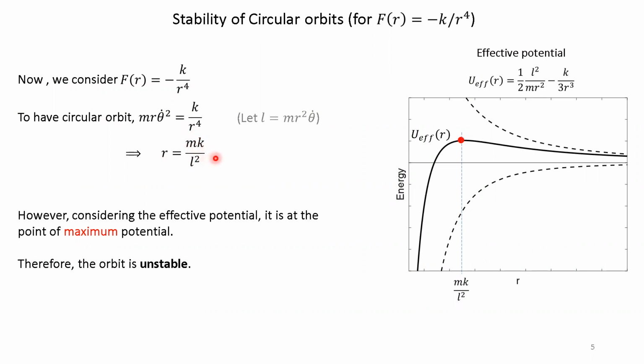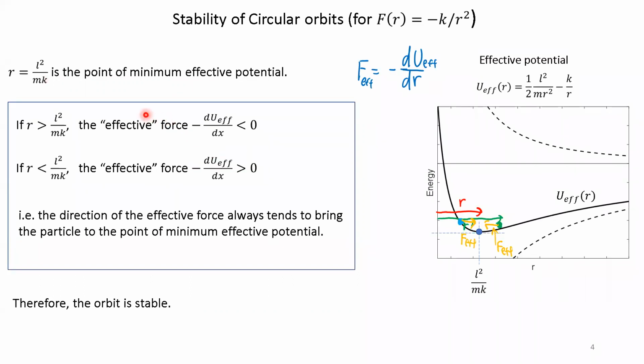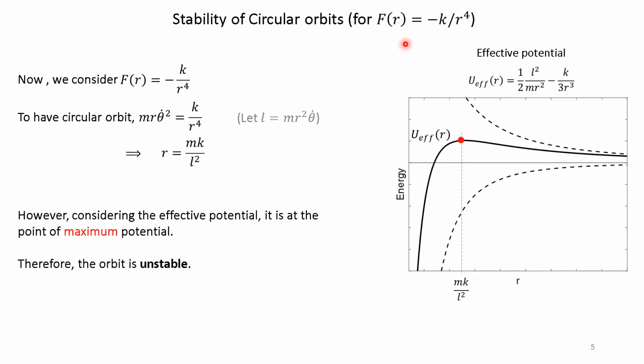That is because when I write down F equals minus K divided by r squared, K has a unit such that K divided by r squared has the unit of force. But when I say that F is given by K divided by r to the fourth, K must have a different unit such that K divided by r to the fourth gives me force.